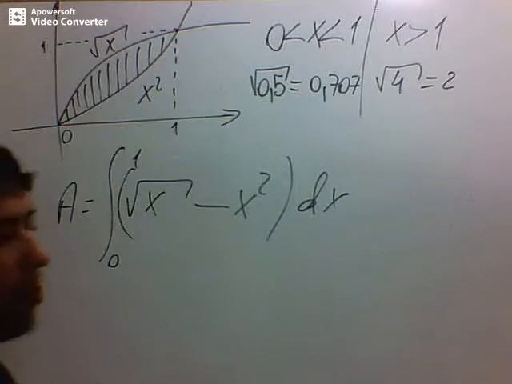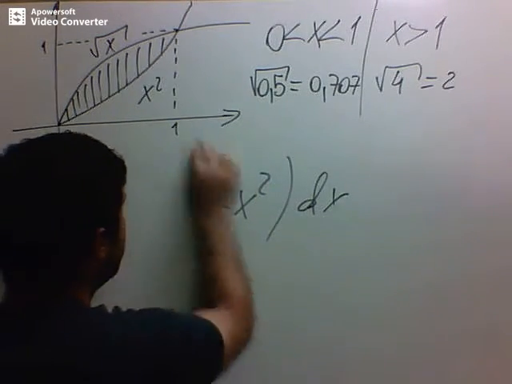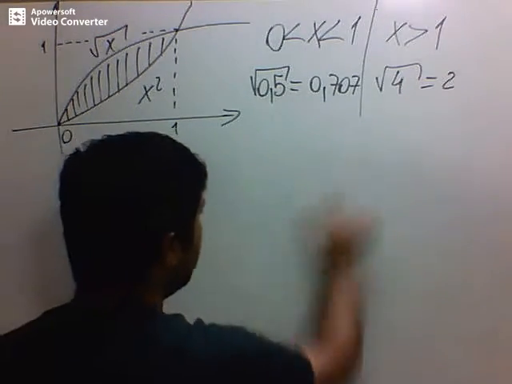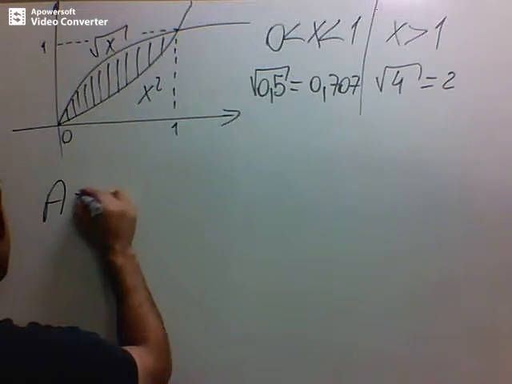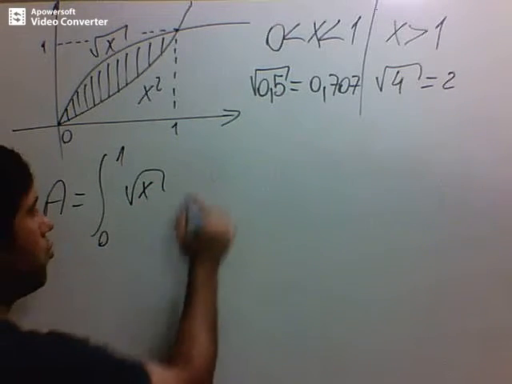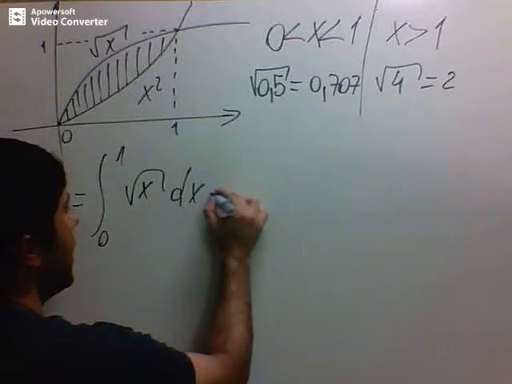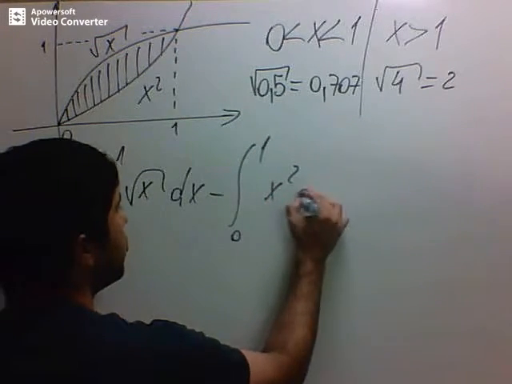We can break it apart, and it simply becomes this. The area then becomes the integral from 0 to 1 of the square root of x dx minus the integral from 0 to 1 of x squared dx.